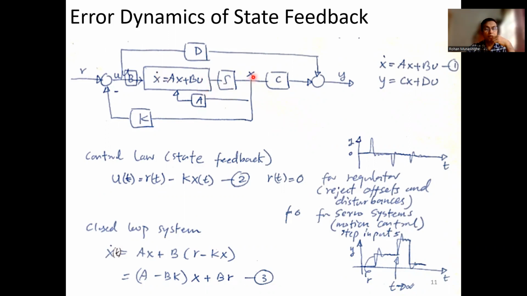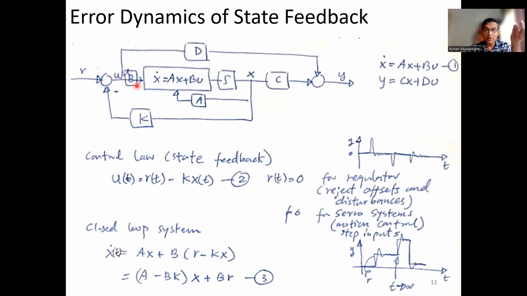Because now you have x coming from here multiplied with a, and you get the first element here, ax. And also x goes like this through k, you get kx, and it's negative now. Let's say r equals 0, and it is u, right?